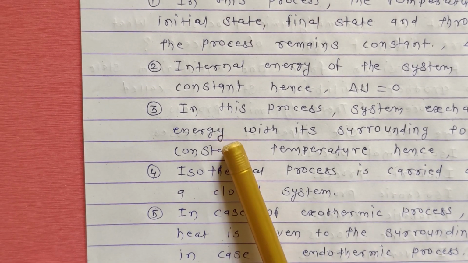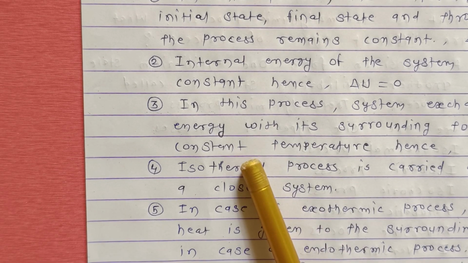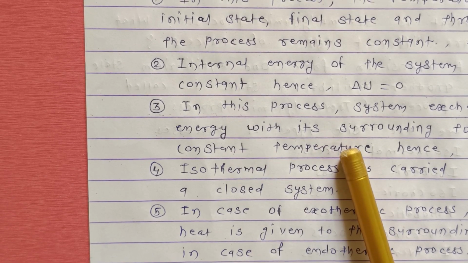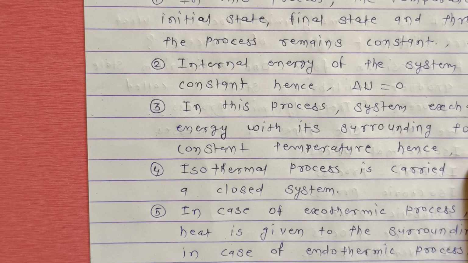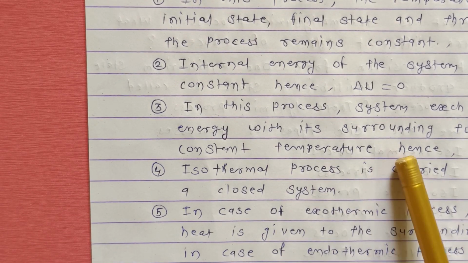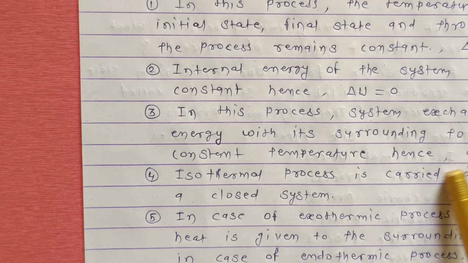Definitely delta U is equal to 0. If internal energy is related with temperature, if temperature increases, internal energy increases. Temperature decreases, internal energy decreases. But in this case, isothermal, delta T is equal to 0 means delta U is also equal to 0. So that is the second point.